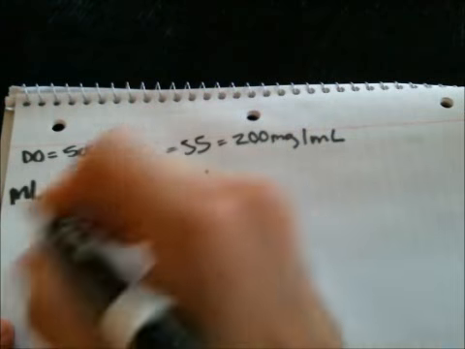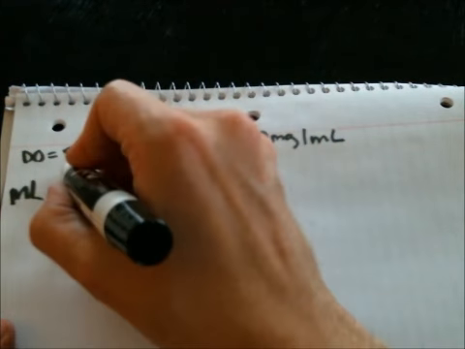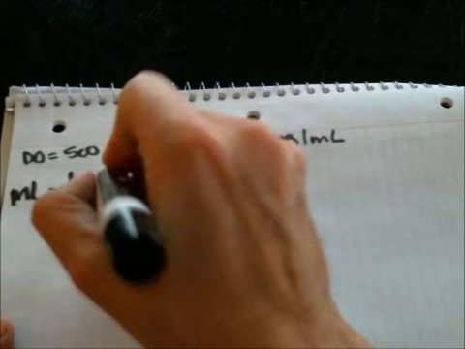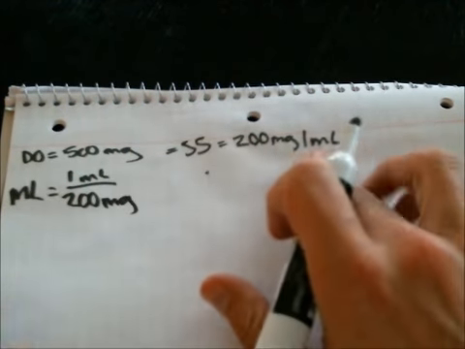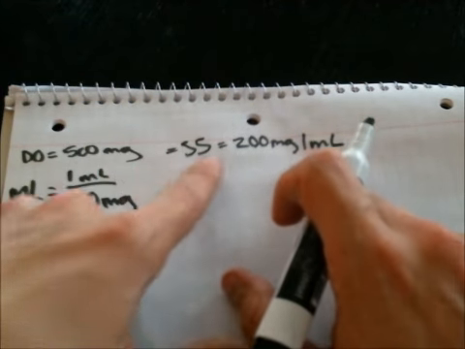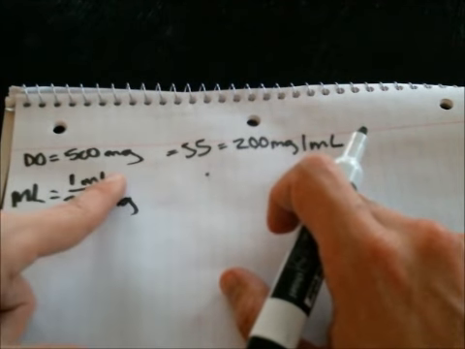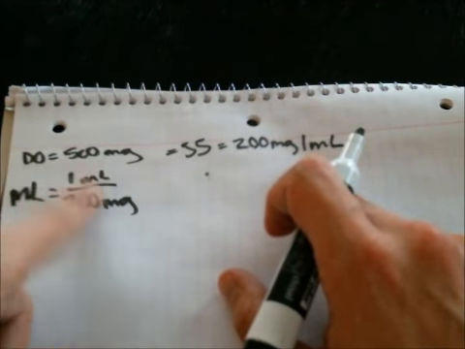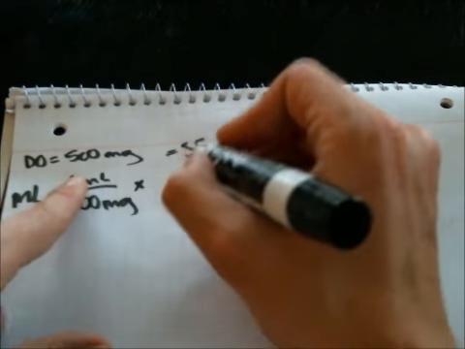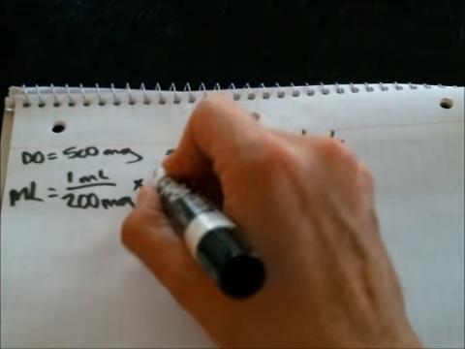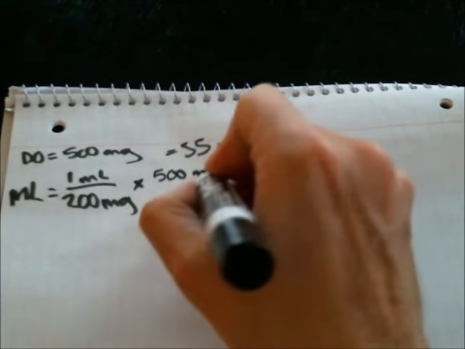Right? So let's plug the information in. 1 milliliter over 200 milligrams. Again, I'm using the information that has the units I'm looking for first and putting those units on top. And then the next and only piece of information we have is the doctor's order, which is 500 milligrams of the drug.